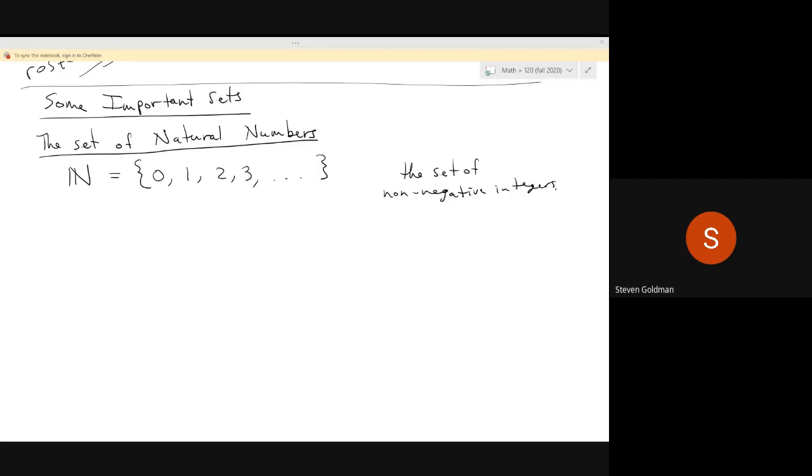It's non-negative, right? 0 is neither negative nor positive. Anytime I say non-negative, I mean 0 and positive numbers. If I say non-positive, I mean 0 and the negative numbers.